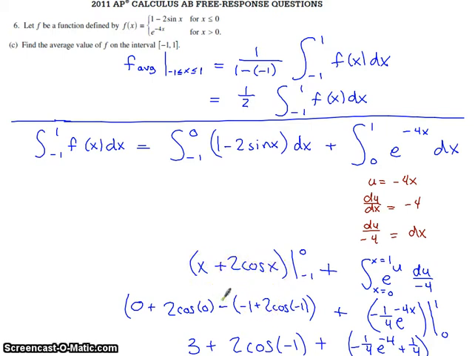Distribute the negative in, which I guess I didn't do a very stellar job of, because I did distribute it into the negative 1 here, and I had cosine of 0 being 1, 2 plus 1 giving me 3, but then I guess this is going to have to end up being negative. So plus negative 2 cosine of x when I distribute the negative into this piece, and then plus the quantity we were already looking at.